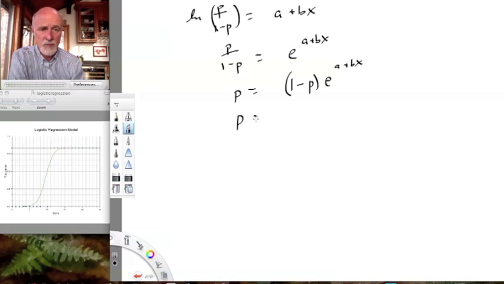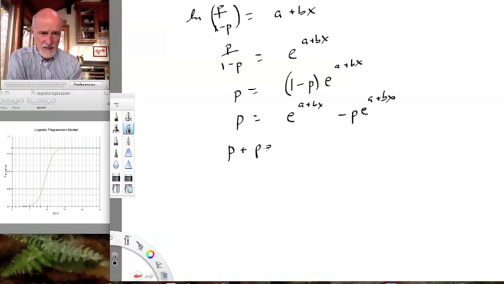And we multiply through: e to the a plus bx minus p e to the a plus bx. Then we can add this to both sides, so we get p plus p e to the a plus bx equals e to the a plus bx.